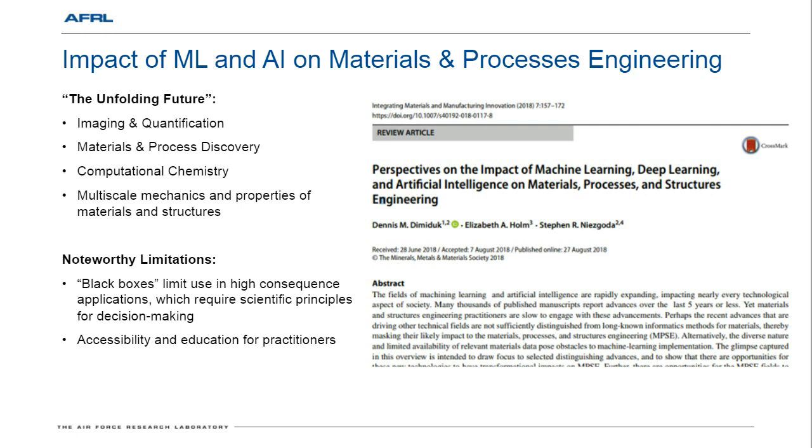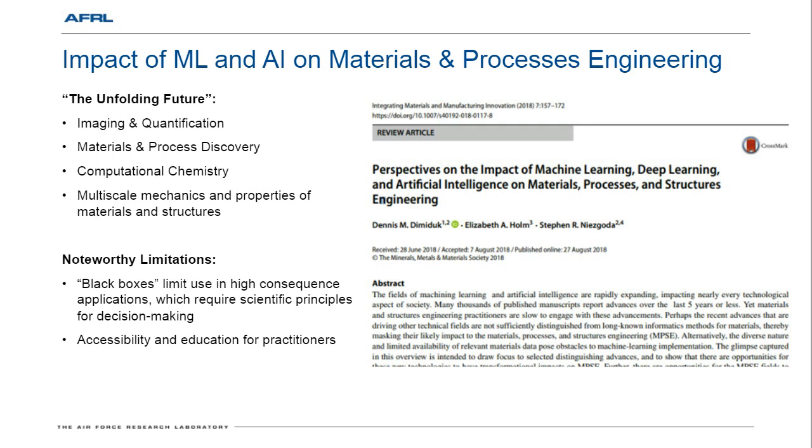The black box nature, which is built into machine learning algorithms and AI, is in a way the point of them. The black boxes limit their use in high consequence applications, things that require scientific principles and decision making. So it may limit our ability to build an autonomous research robot.